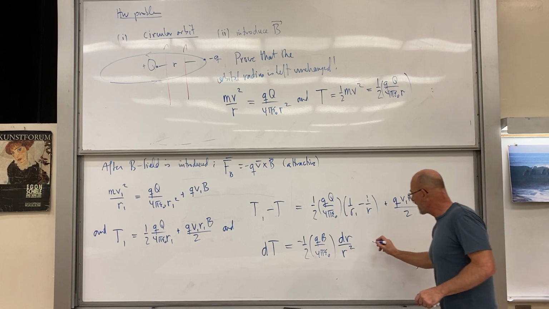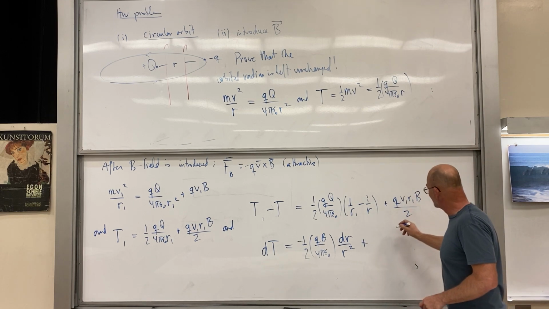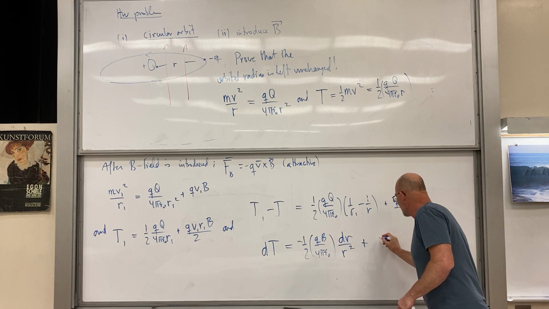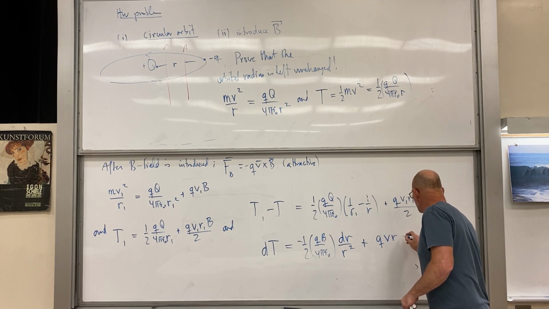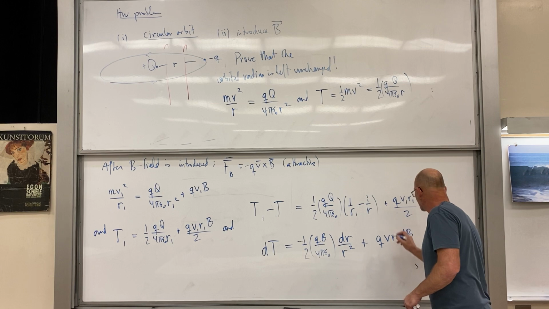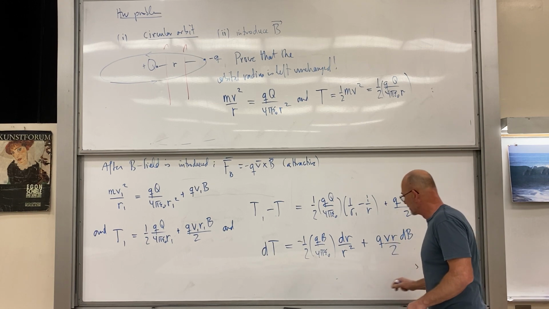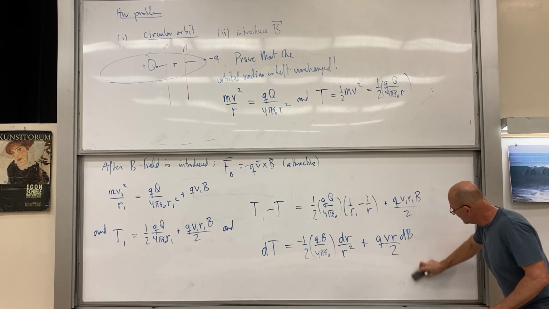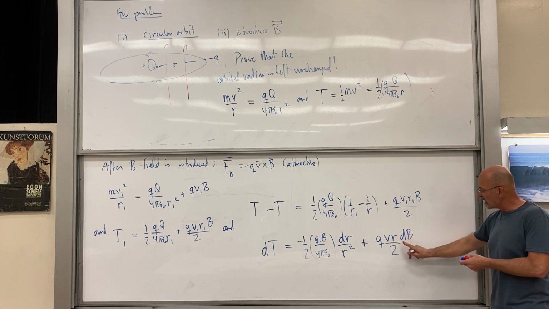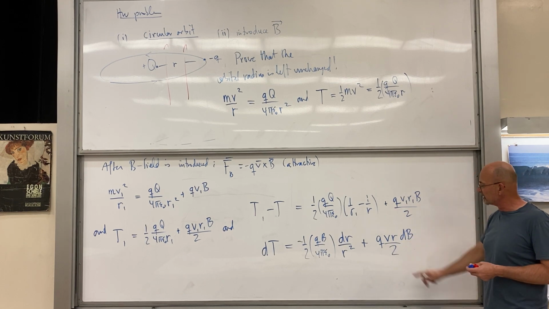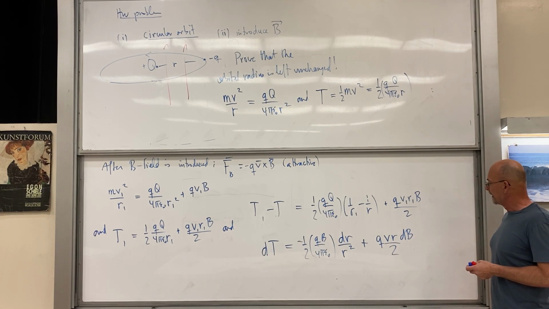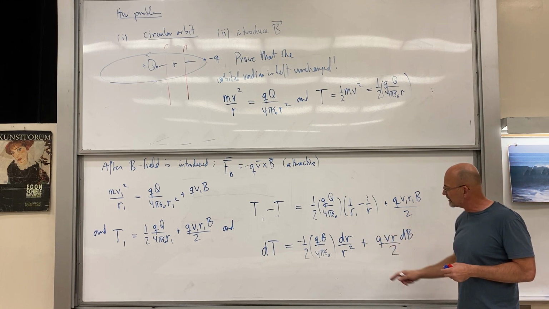And in the same way, I'm going to discuss this thing here as being Q V R dB divided by 2. Okay, because now we're dealing with the infinitesimals. That's kind of the process of dialing in the magnetic field and what happens to it.